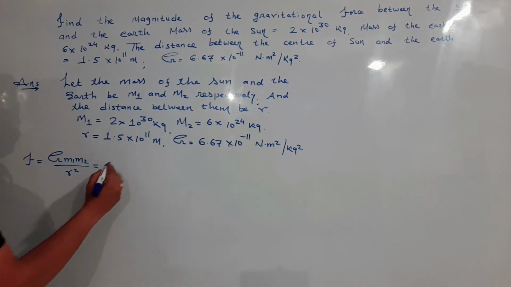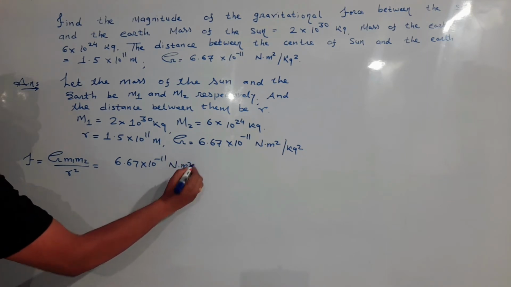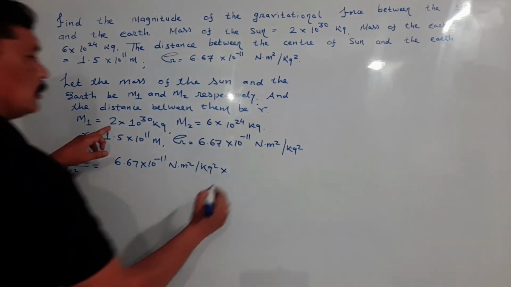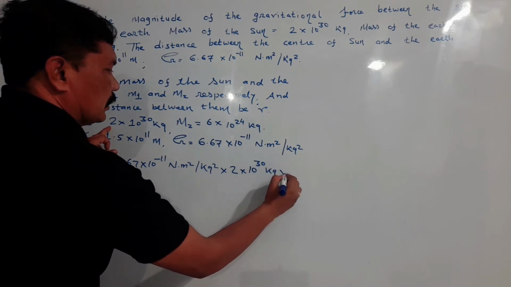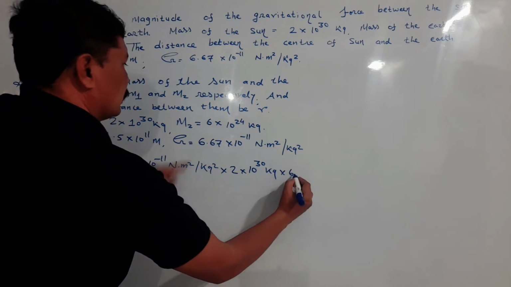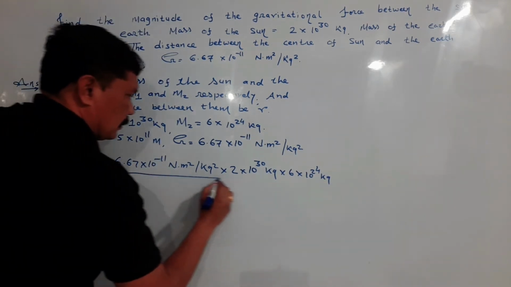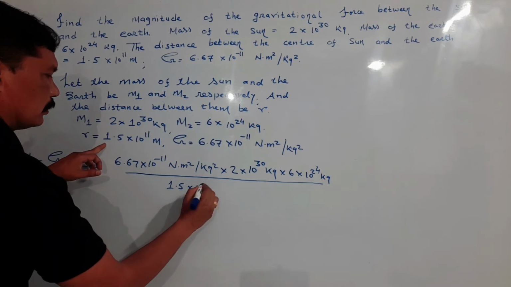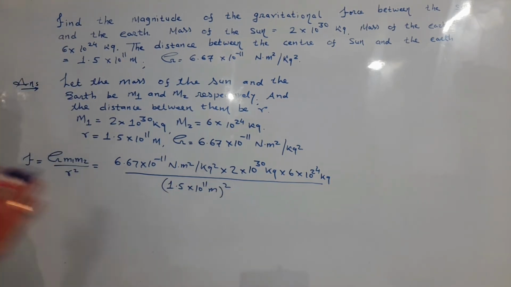So we can write F is equal to 6.67 into 10 to the power minus 11 Newton meter square per kg square into 2 into 10 to the power 30 kg into 6 into 10 to the power 24 kg upon r square, and r is given 1.5 into 10 to the power 11 meter square. My dear student, here we have written all the given value to us.